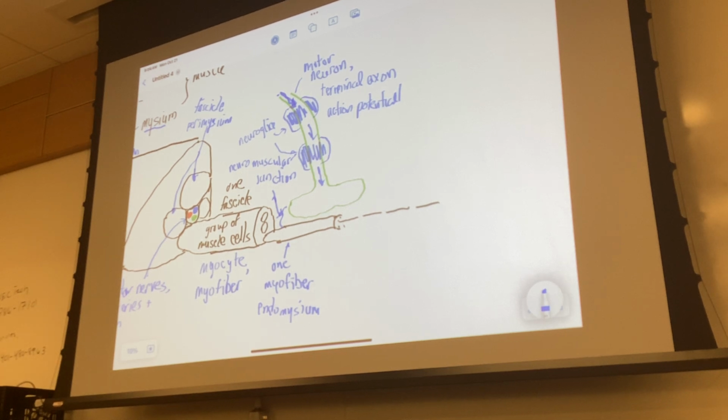In terms of the end of the terminal axon, we have these organelles that are characteristic of a typical cell. There are these organelles that have stuff inside of them.